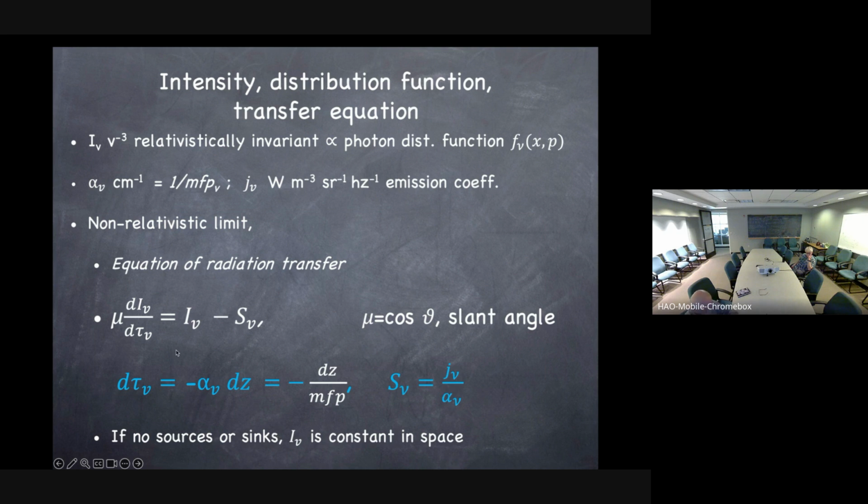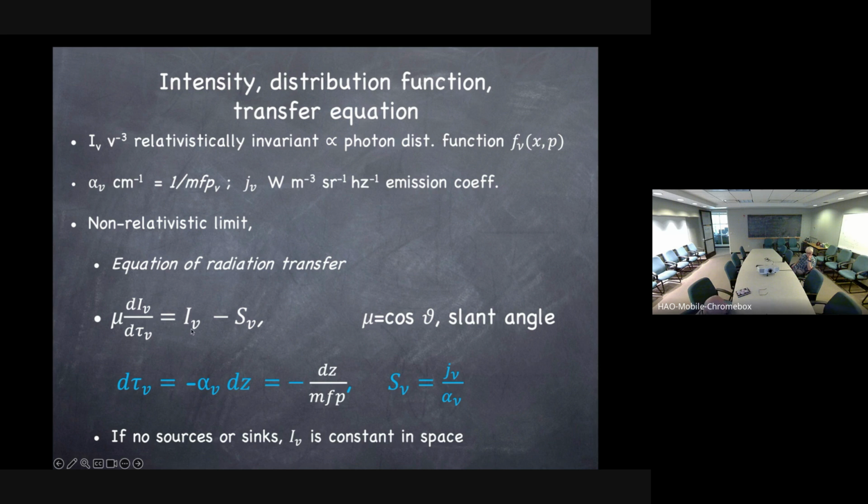The first result we see here is that if we don't have any emission, or I beg your pardon. If we don't have a contribution to dI by d tau, if this thing is zero, sorry, no. What am I trying to say? Oh yeah.